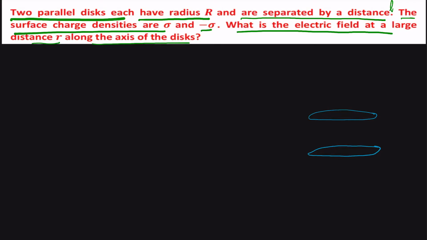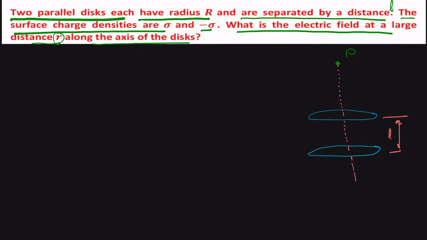Suppose this is the common axis, and the distance between them is given to us as L, and we have to find out the electric field. Let us suppose this is our point P, at a distance r along the axis of the disc.